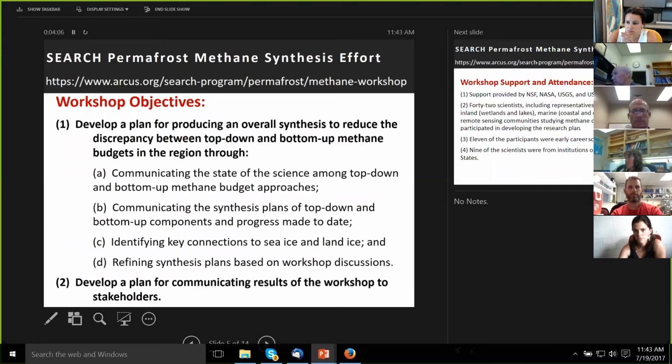So the objectives were to develop this plan and to communicate the state of the science among the communities that are conducting top-down and bottom-up methane budget approaches, and to communicate the synthesis plans that these three communities currently have, and to identify key connections to the sea ice and the land ice activities of SEARCH, and to refine synthesis plans based on the workshop discussions.